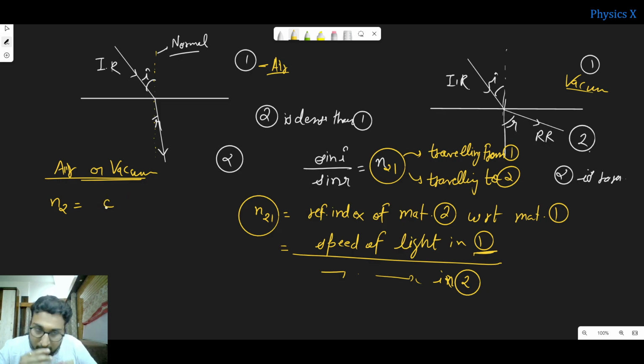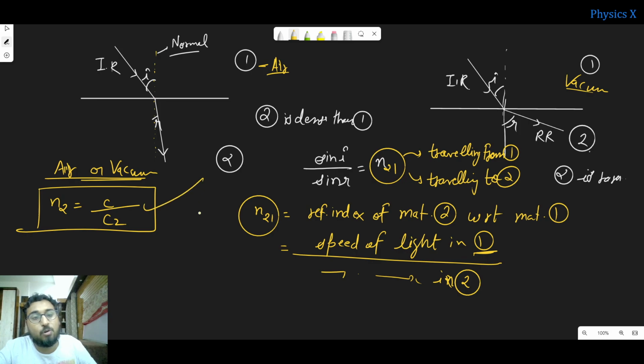So speed of light in air or vacuum, we mark it as c. So this is your absolute refractive index. Numericals can be asked from this concept, so be prepared. We will be solving numericals when we complete this refraction part, using these formulas.